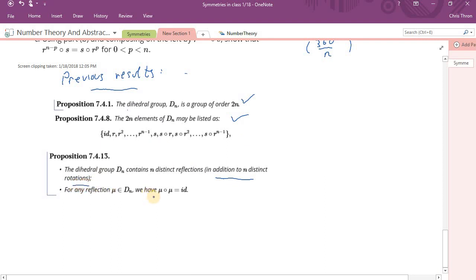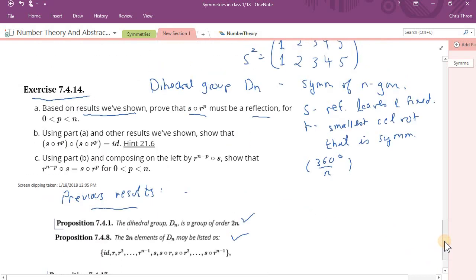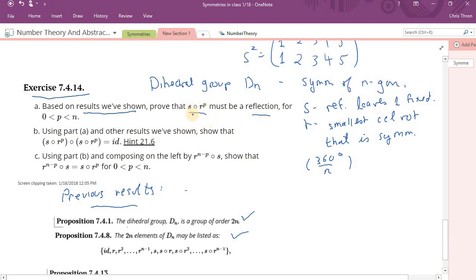Okay, so how can we put this information together to show that S composed R to the P must be a reflection? Well, let's do some counting here. We know there are 2n elements altogether. Some of them are here and some of them are here. These are the ones without S. These are the ones with S.